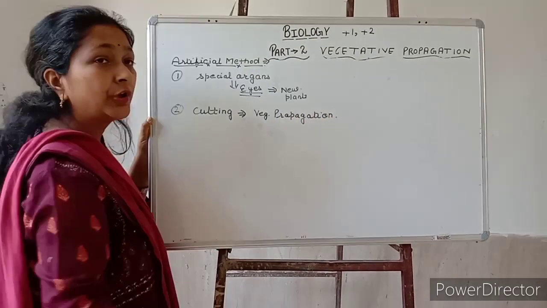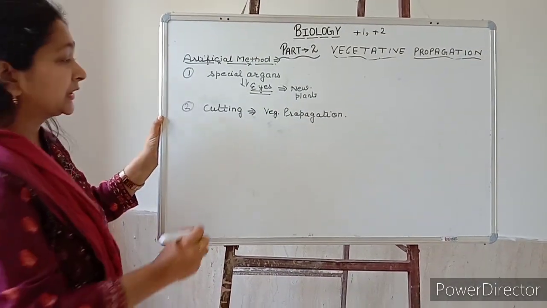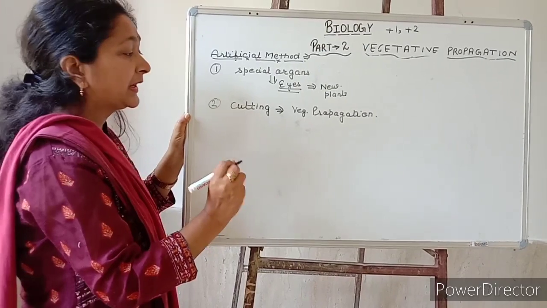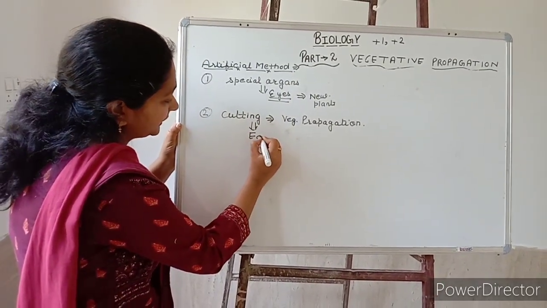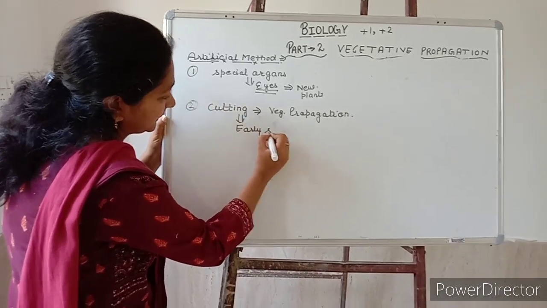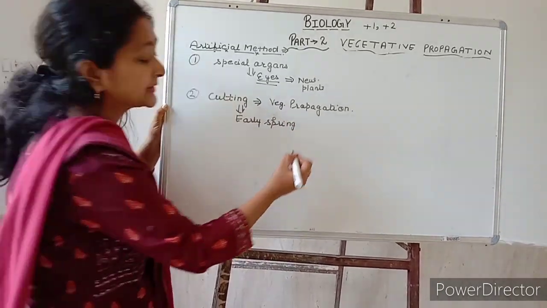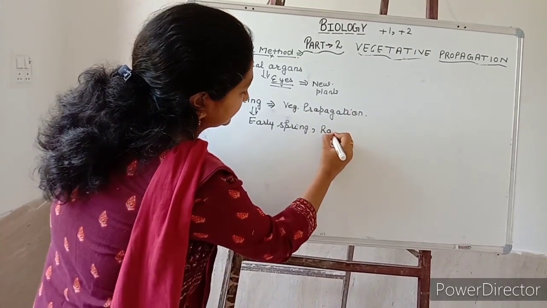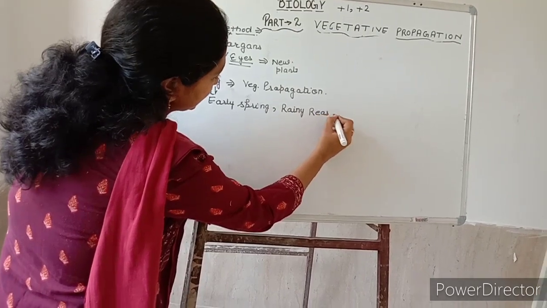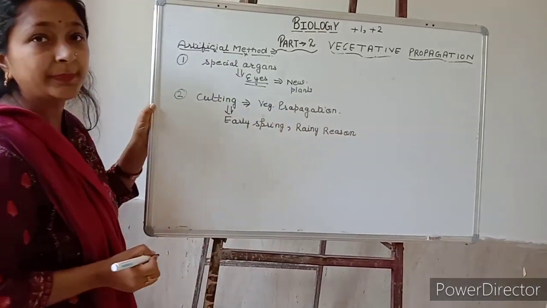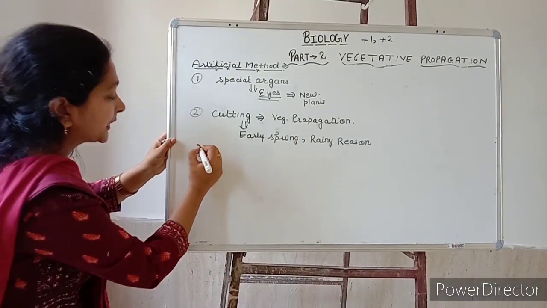Cuttings of root, stem and leaves help in propagation, so we will discuss one by one. The best season for cutting is early spring and the rainy season. During these seasons, cuttings can be done.